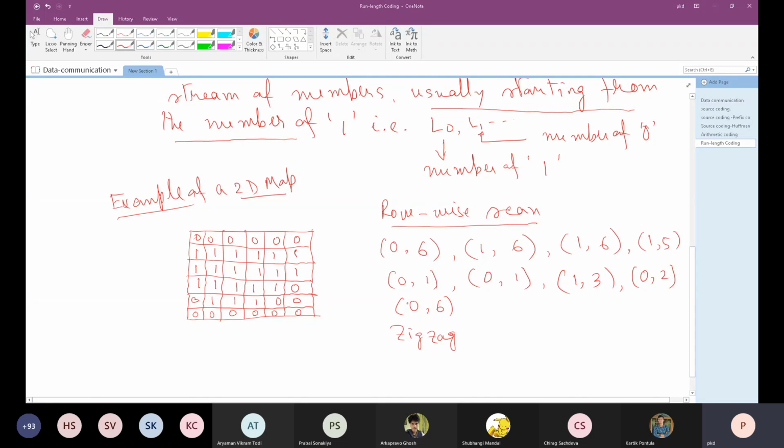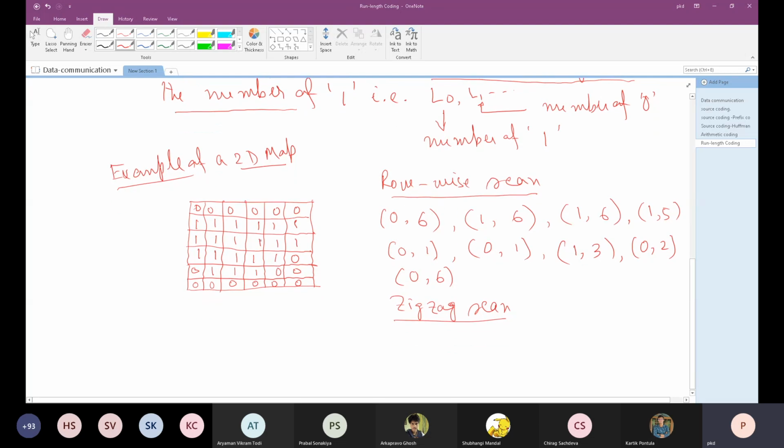In the header it will be written what kind of coding, and how these are represented, either in ASCII code or a binary code. That needs to be written initially, and then usually such streams are given.